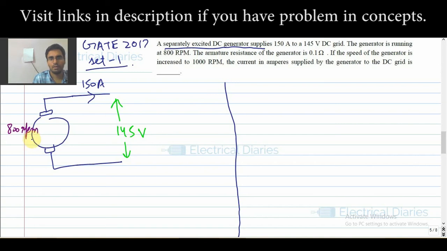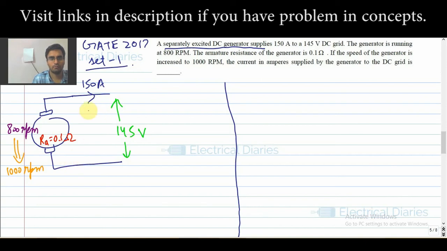The armature resistance is 0.1 ohms. If the speed of the generator is increased to 1000 rpm, find the current in amperes supplied by the generator to the DC grid.